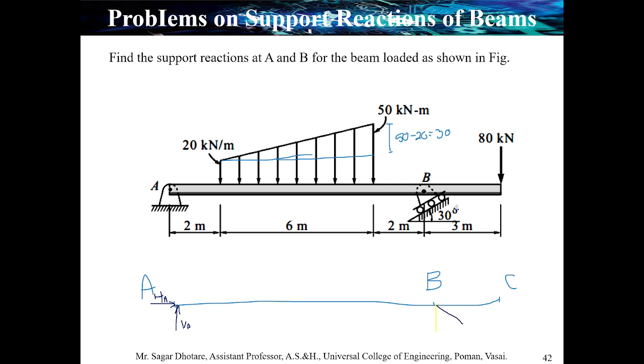As we know that this angle is 30 degrees, what is the remaining angle? The remaining angle is nothing but 60 degrees. So now your reaction is acting at 60 degrees. So you can say RB.